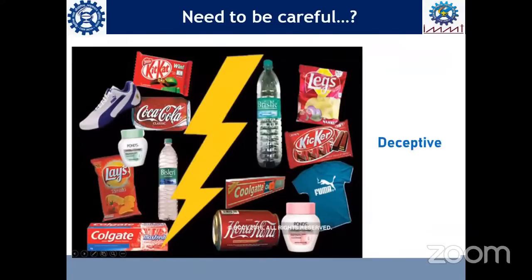It happens. In the market, there are at least about 4 types of Bisleri brands available, out of which one is original, the other 3 are deceptive. So one needs to be very, very careful. And even deceptive practices are based on several factors or reasons, and IP is also one of the reasons.